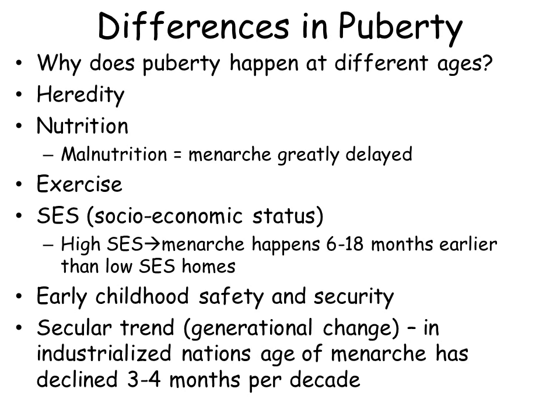Socioeconomic status. And this is literally what it sounds like, how rich or poor a family is. The higher the socioeconomic status, the earlier menarche happens compared to low socioeconomic status.